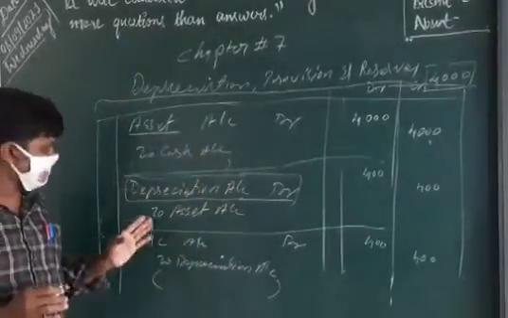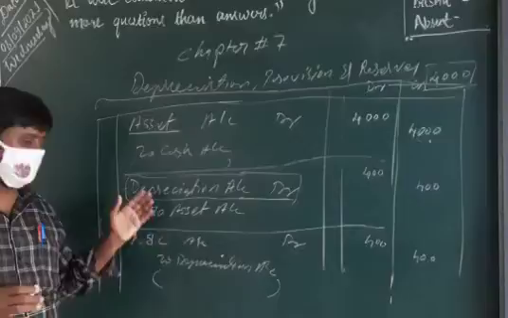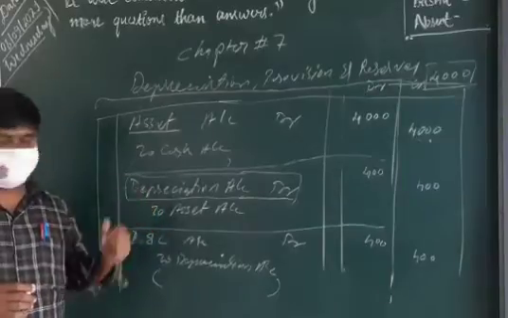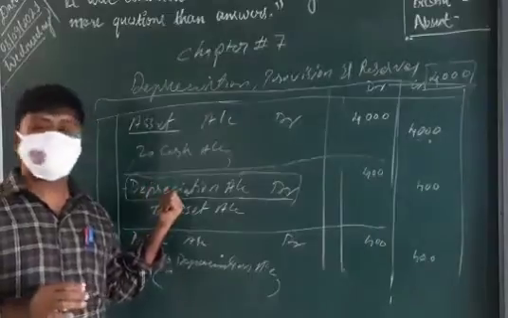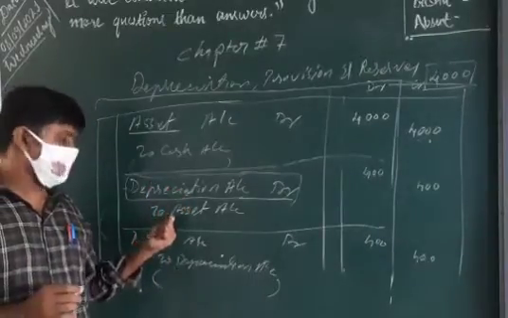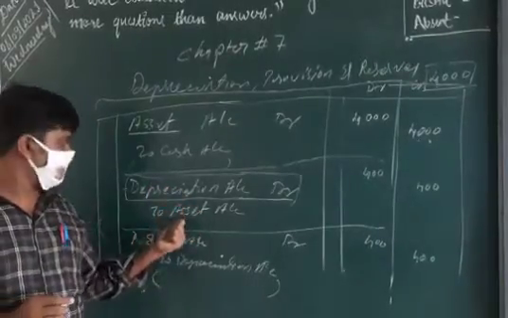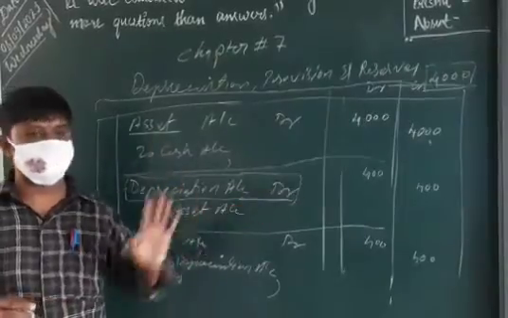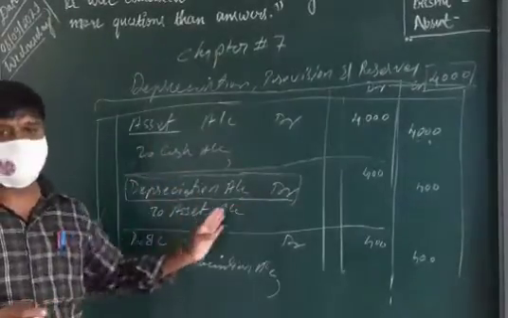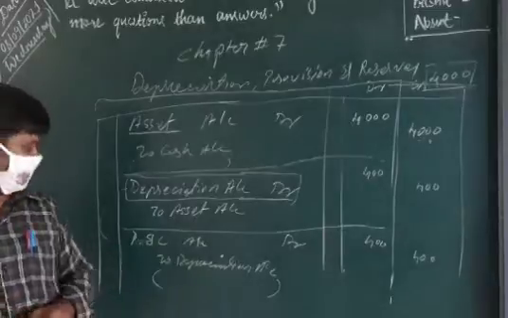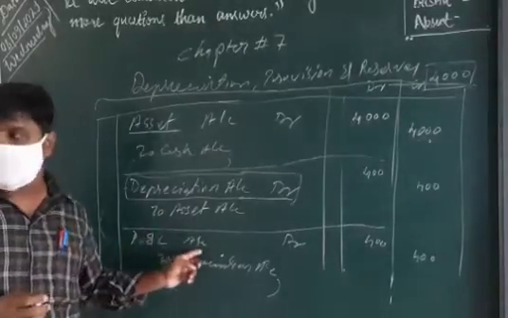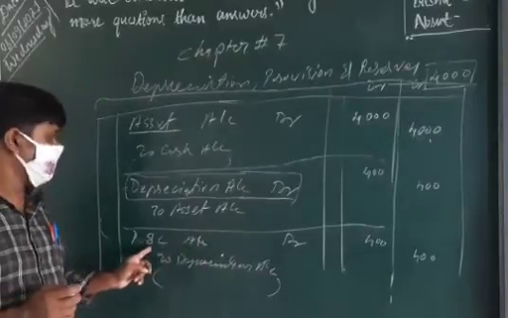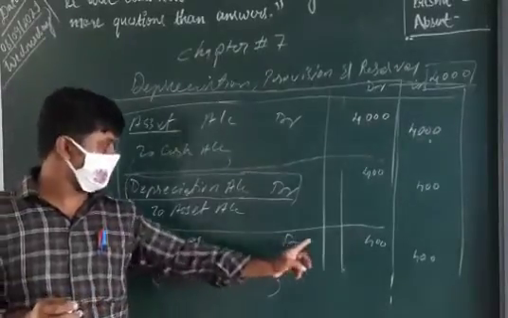And next we apply the same formula, the same rule. Depreciation is an expense. When an expense is increased, we debit that. And then here this is an asset, the asset value is decreased, that means credit that. Clear now? Yes. This profit and loss, this is also an expense.